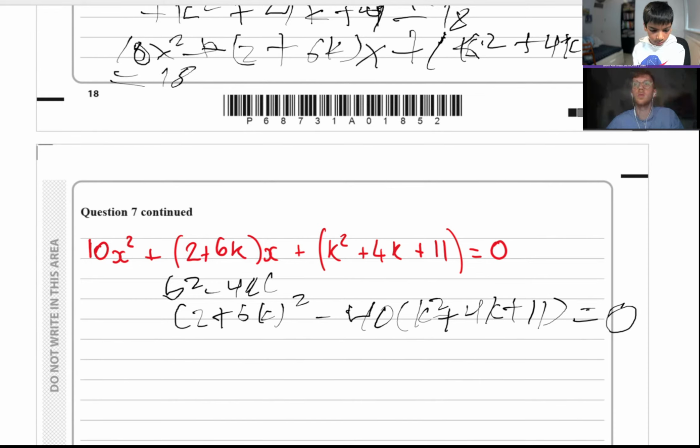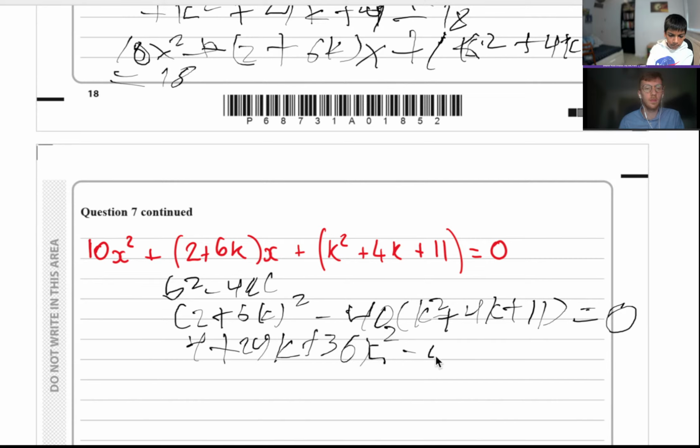Just 0. Because we're told our line is a tangent to the circle, the simultaneous equation has exactly one solution. That's why we set our discriminant equal to 0. Yeah, well done.